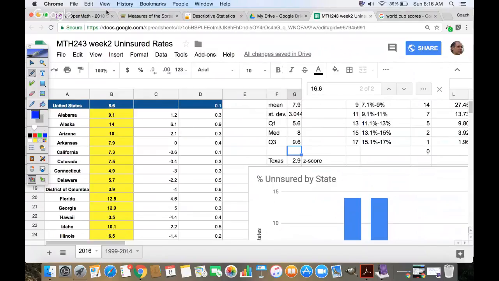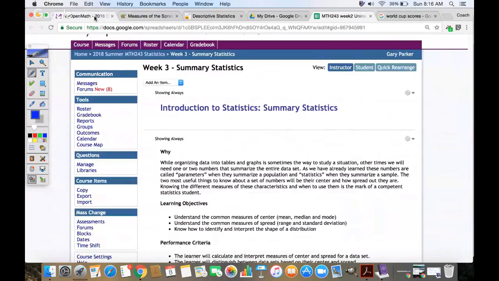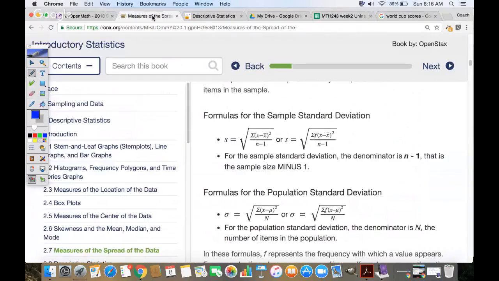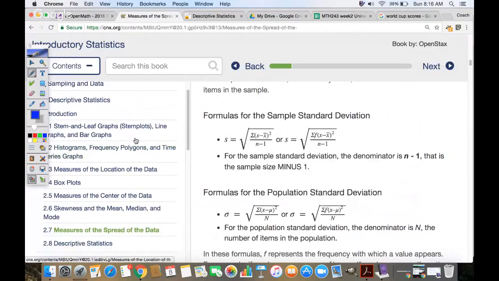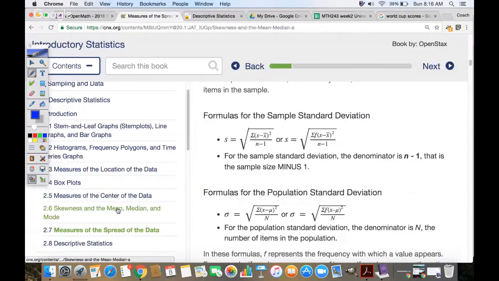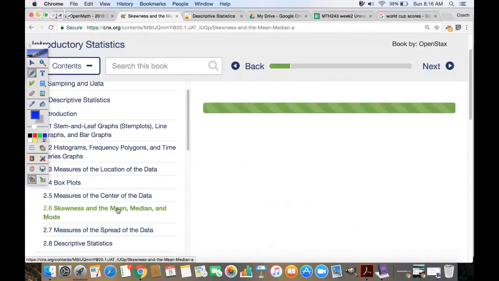Let's see, what else do we need to look at here? I think I got all the big ideas. So this week, things you need to do are read the textbook. So I got the web book up here, which is a nice thing to look at. You can bring up the table of contents and jump around to whichever section you wish.